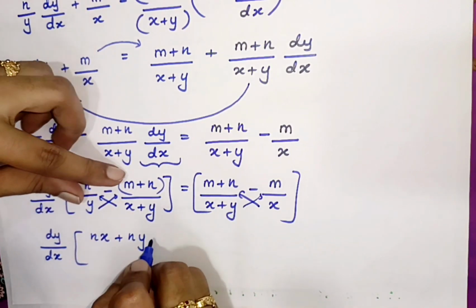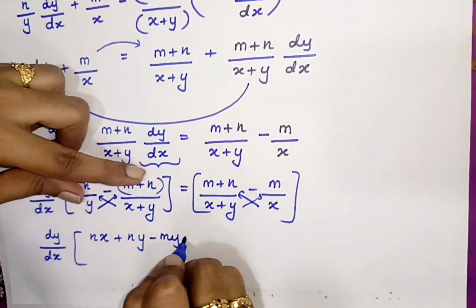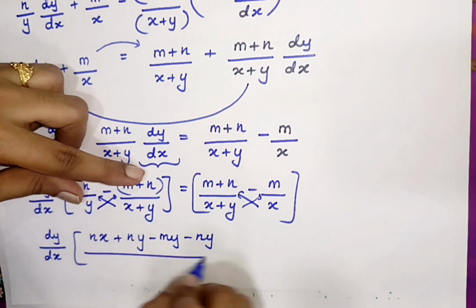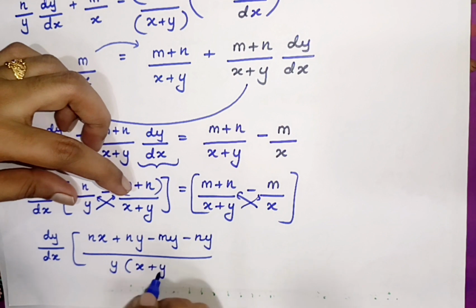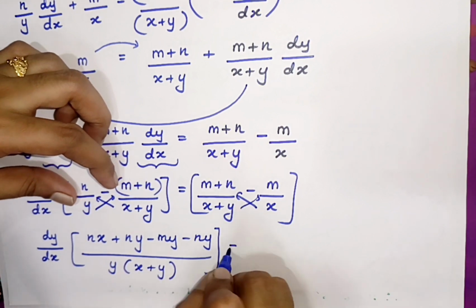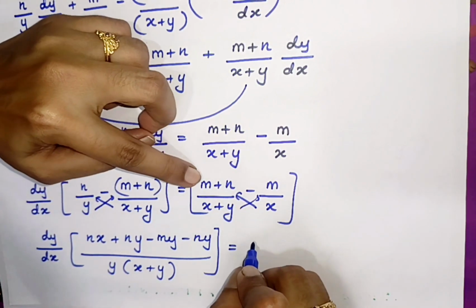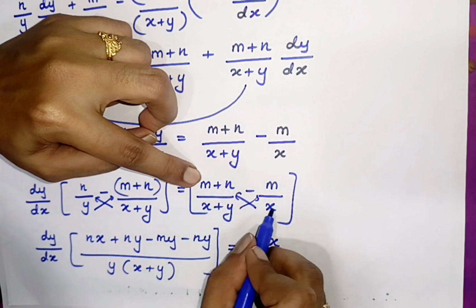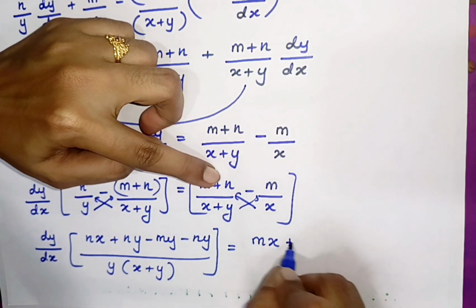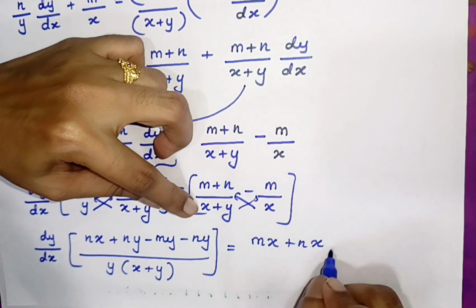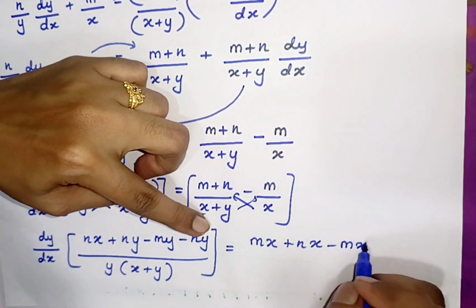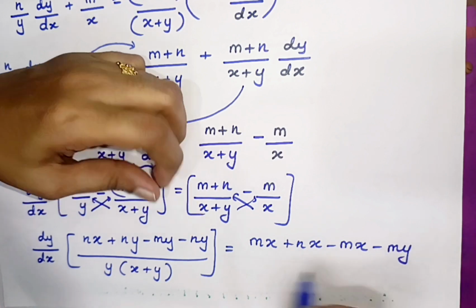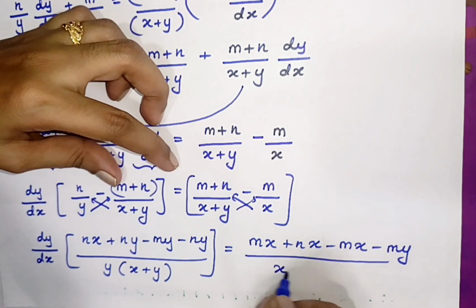So minus my minus ny divided by y into denominators we are multiplying y into x plus y. That is equal to, we are multiplying these terms also. So mx, m into x plus n into x minus mx minus my divided by x into x plus y.